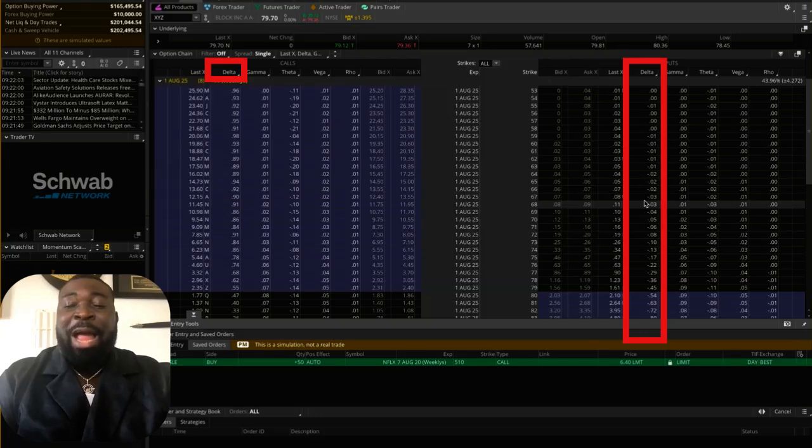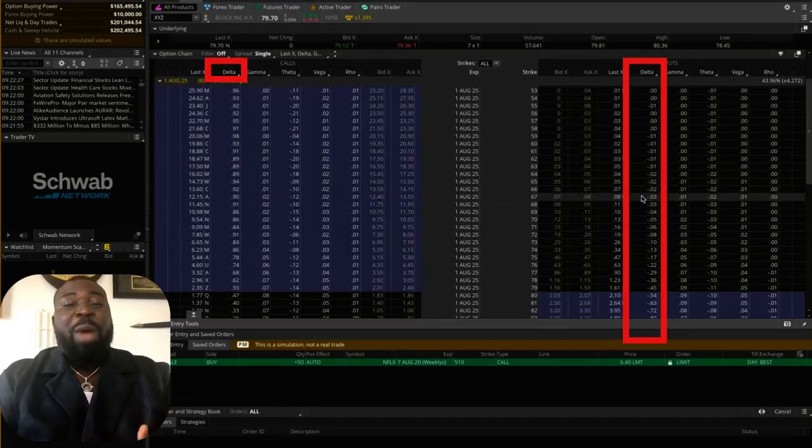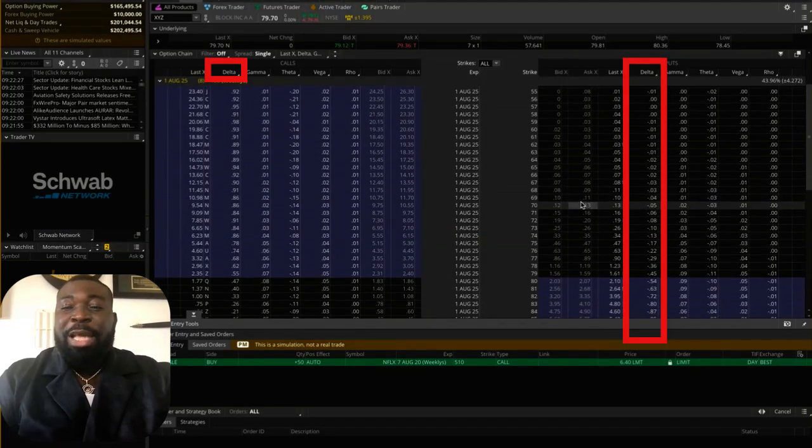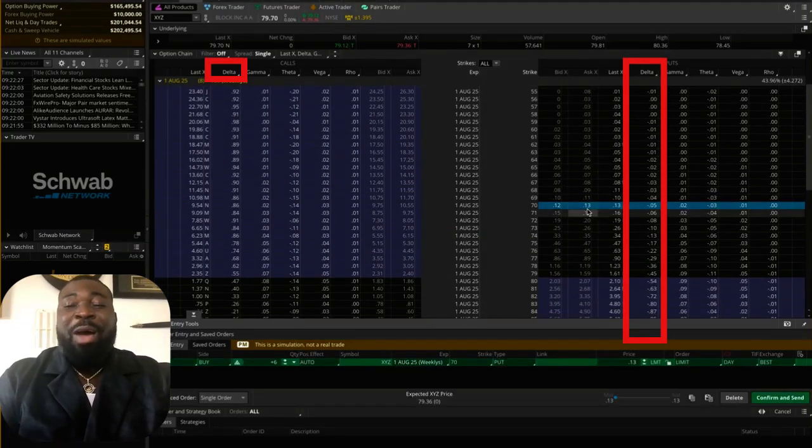What else does the delta mean? The delta means that for every dollar the stock moves, your contract is going to change in price by that delta amount. So let's use the same example of XYZ. Let's say I bought a 70 put. This 70 put right now is $13. The delta is $5. What does that mean? That means that if XYZ goes from $79.12, whatever it's at now, and drops to $78.12, it loses $1.